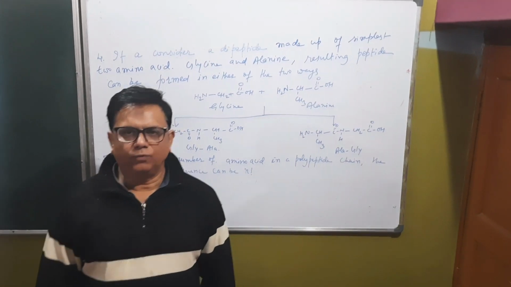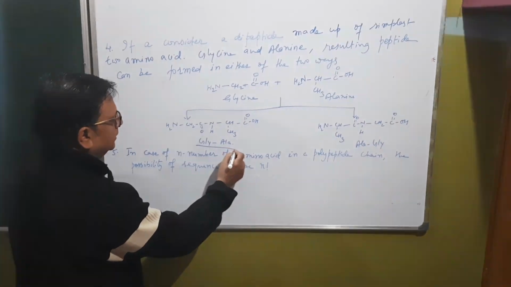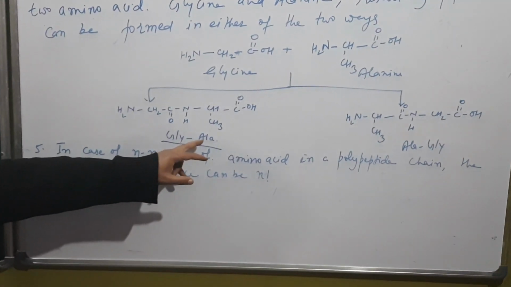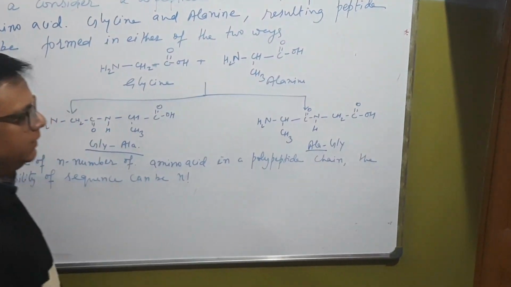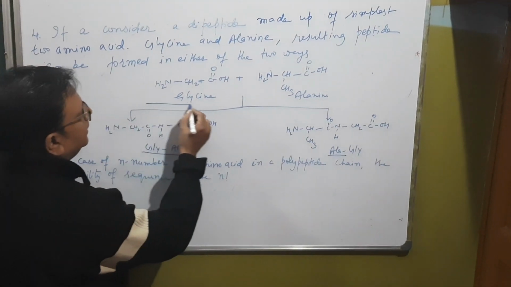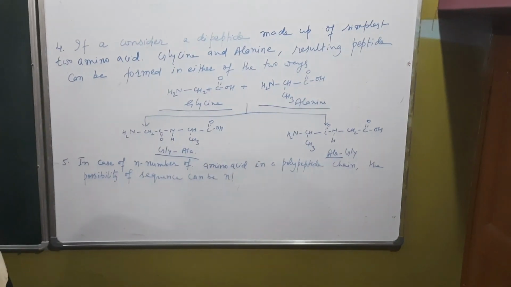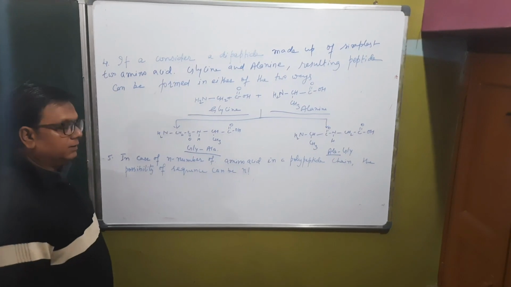One will be represented by GLY-ALA, and the second will be ALA-GLY. Here is the glycine and this is alanine. On combination, they form two types of dipeptide.